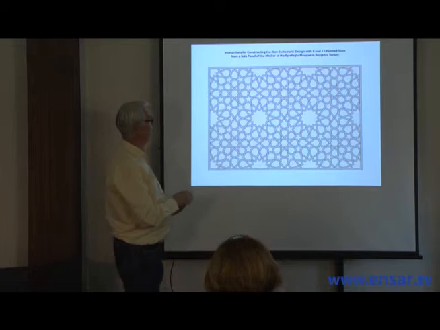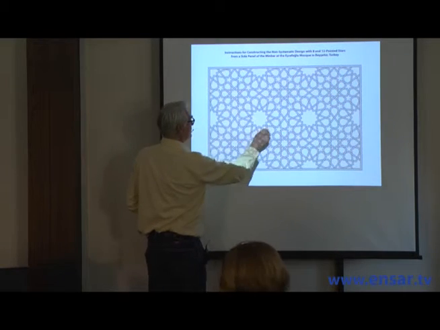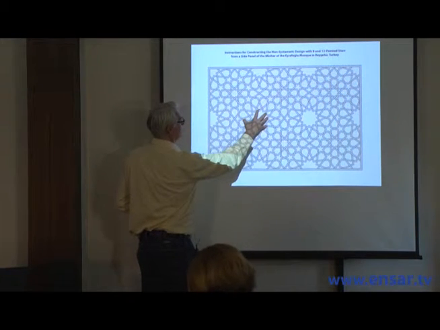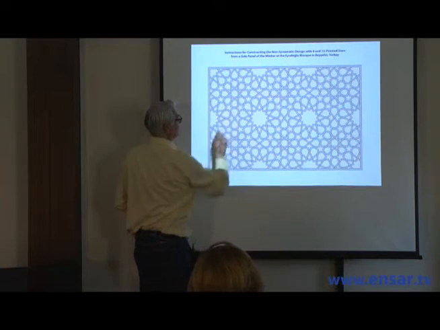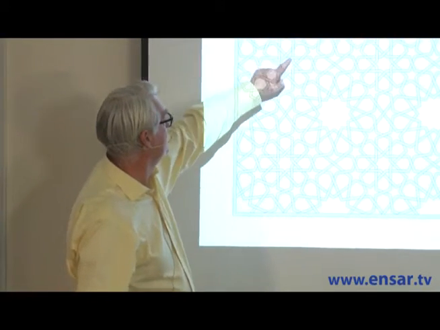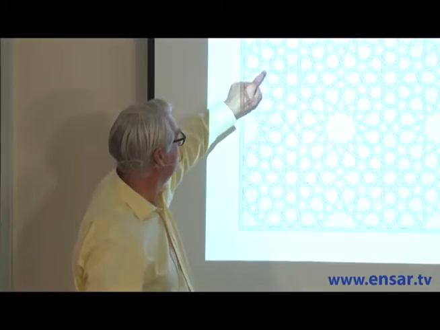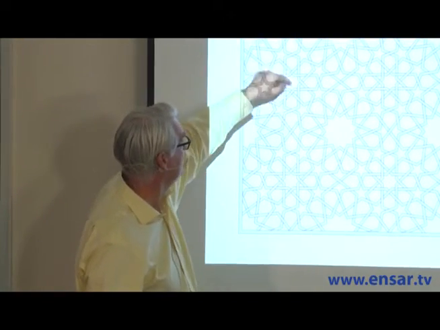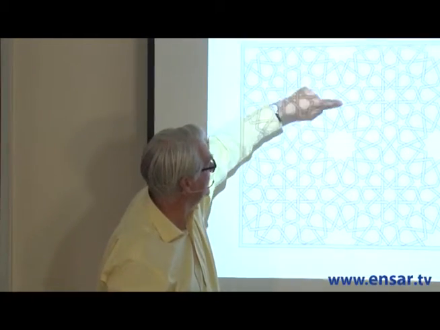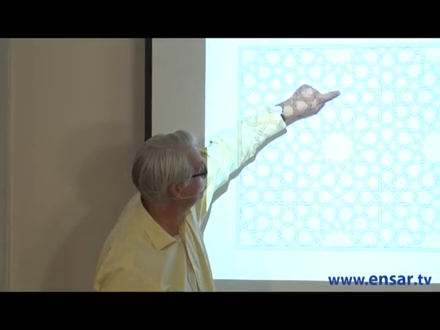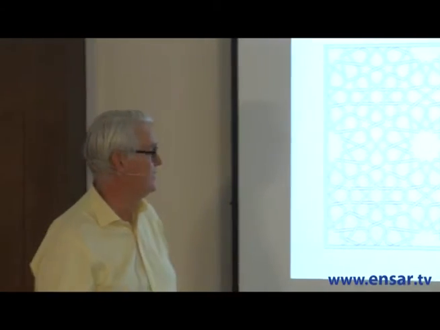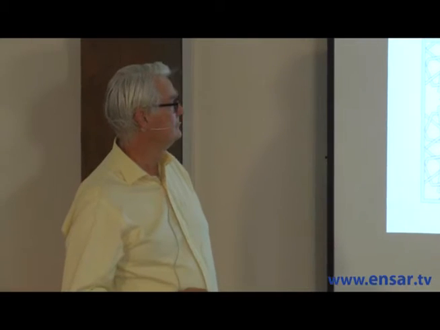And I'll just restate what I've been saying. So the 12-pointed stars are prominent. The 8-pointed stars are prominent. The 8-pointed stars have 8 5-pointed stars surrounding them. And the 12-pointed stars are connected by these double darts. Those are really the main characteristics of this pattern.